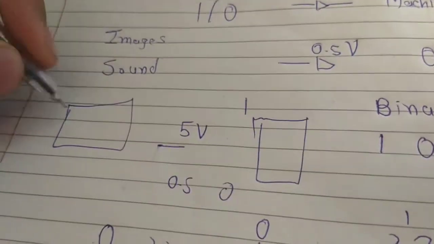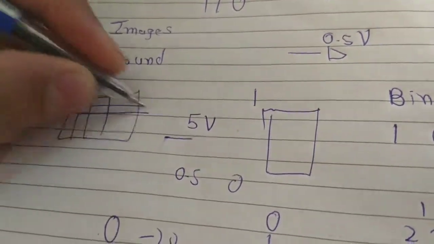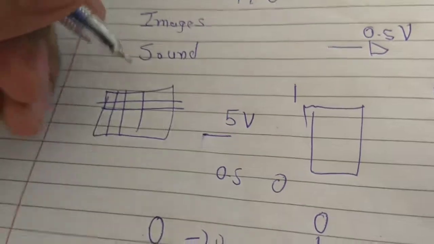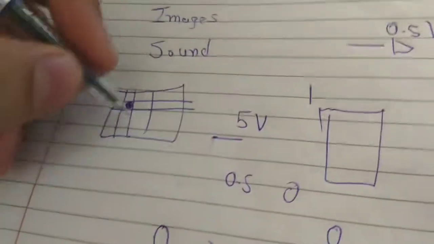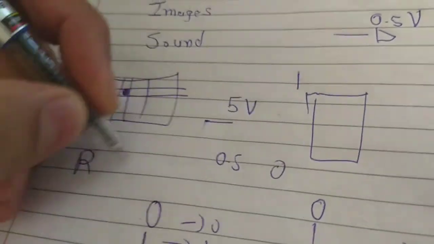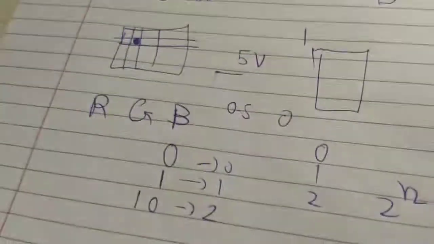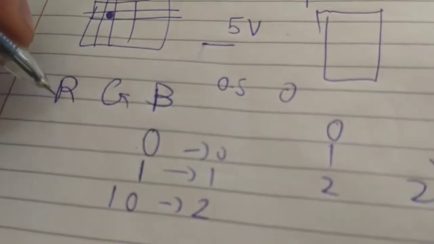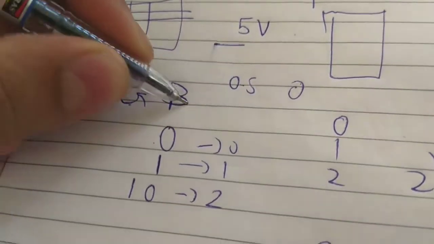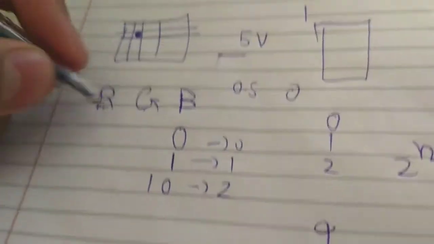Images are divided into pixels, right? You know, 16 megapixel, 8 megapixel and so on. Each pixel contains red, green and blue. Every portion of an image can be represented by a combination of red, green and blue color.